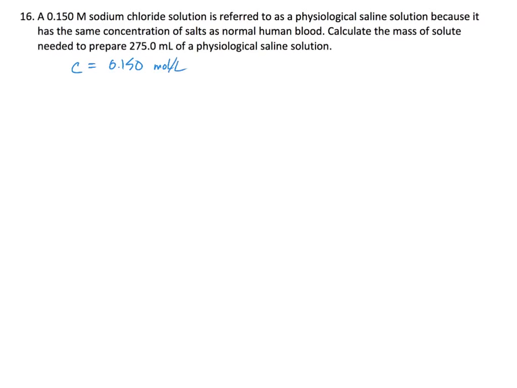Moles per liter. And we know the volume we want to make is 275.0 mLs. So what we want to do is find out how many moles of sodium chloride we have to add to make that much saline solution.